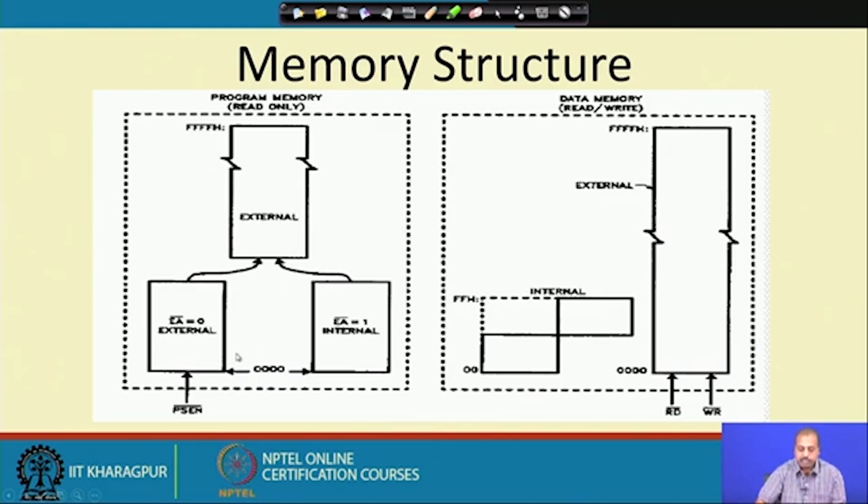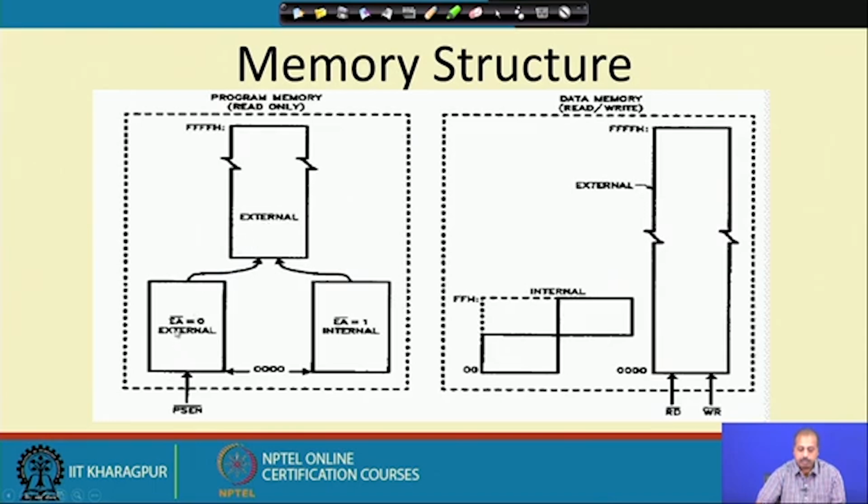Now, if you make this EA bar equal to 1, that means we are accessing from the internal memory, and if you make EA bar equal to 0, it will access from the external memory. So, you can put your entire program in the external memory.